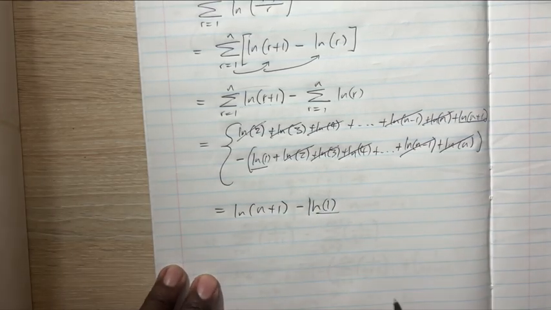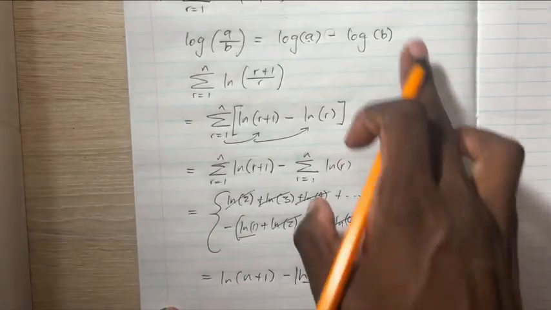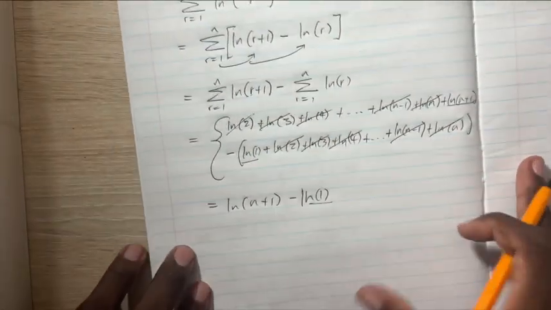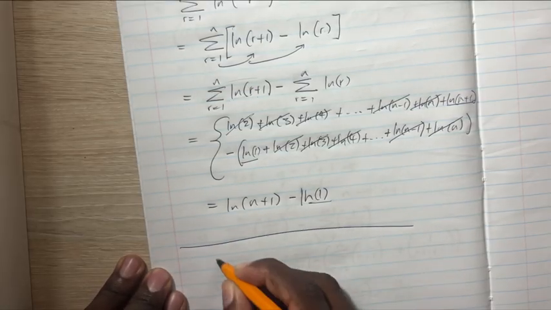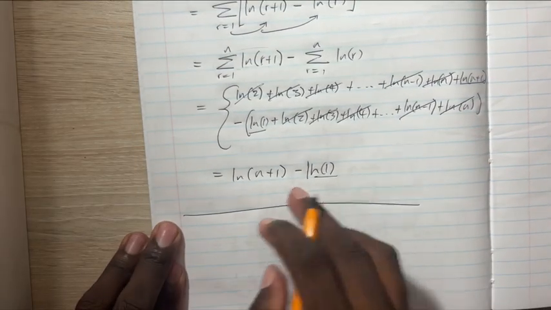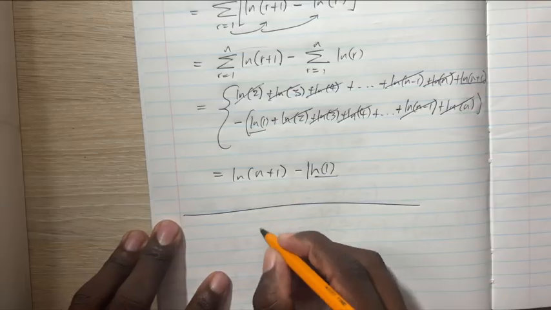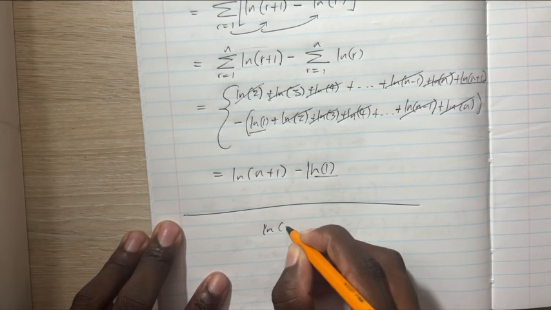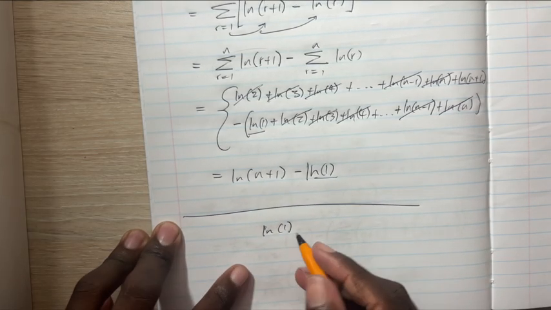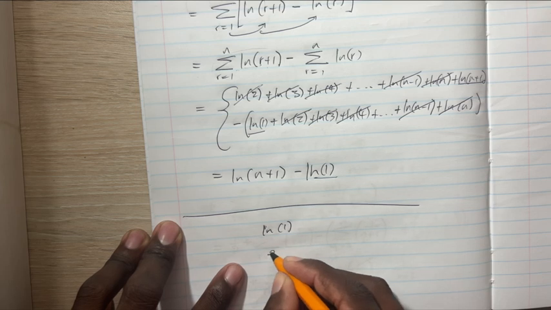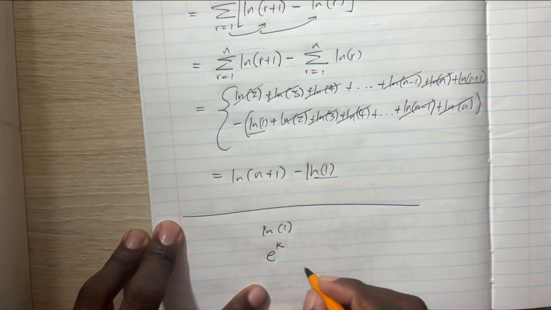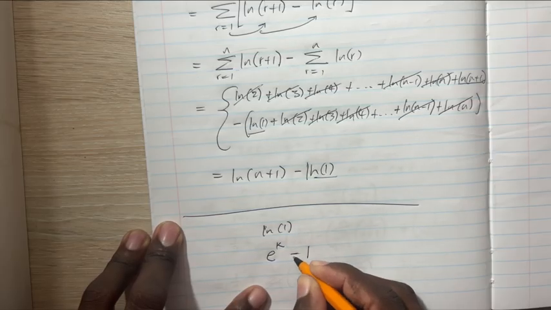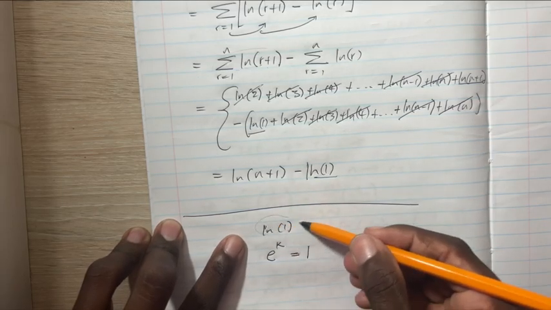How do you find ln 1? Let's take a bit of a detour here. If you know what ln 1 is and know why, you can just skip ahead. Ln 1, what does this mean? This means e to some exponent that I don't know, let me name it k, is equal to 1. That's the definition of this.